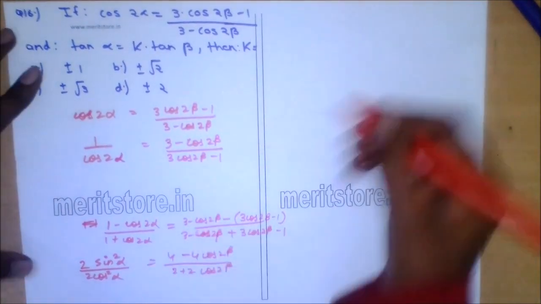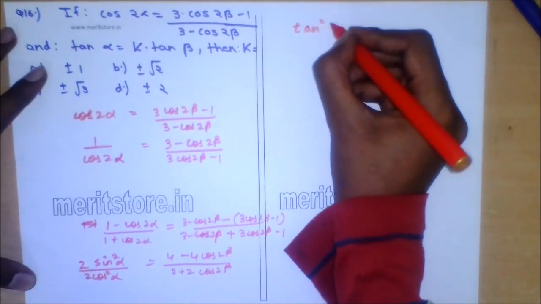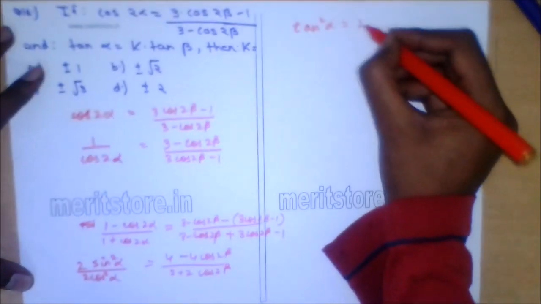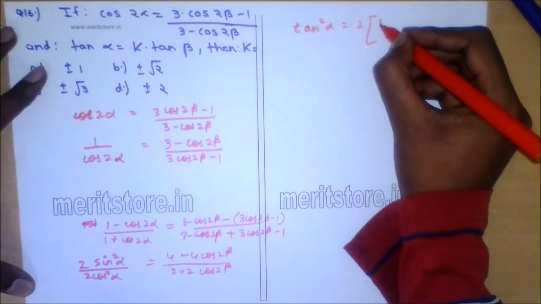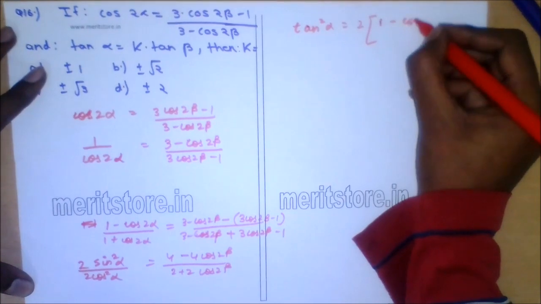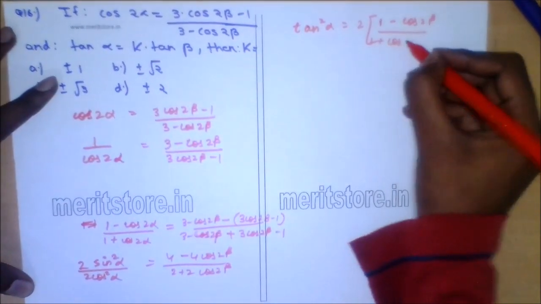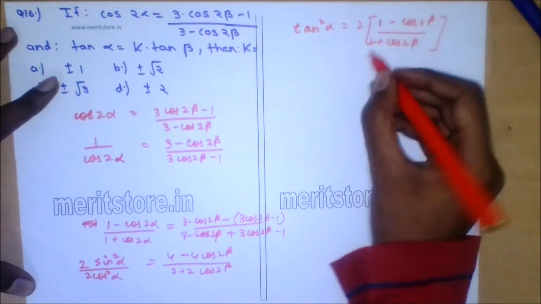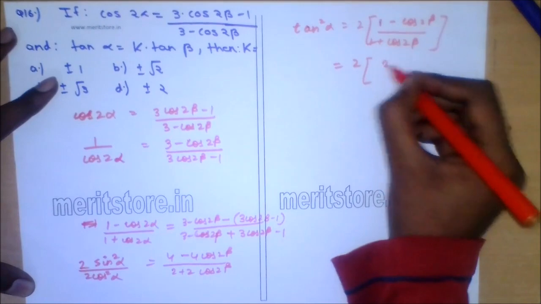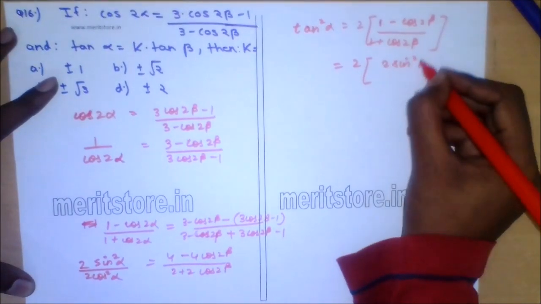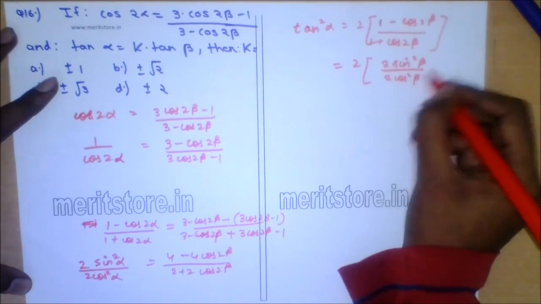Sin upon cos is tan. So this is tan square alpha, which is 2 into, taking 2 common, 1 minus cos 2 beta upon 1 plus cos 2 beta. So we do the same here too. So we get 2 into 2 sin square beta upon 2 cos square beta.